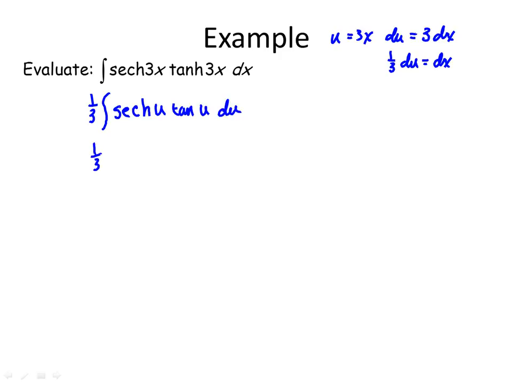So the antiderivative of that is what? Negative. I'm going to go ahead and throw the negative out front. Is that okay? So you have negative 1/3 sech 3x plus c.